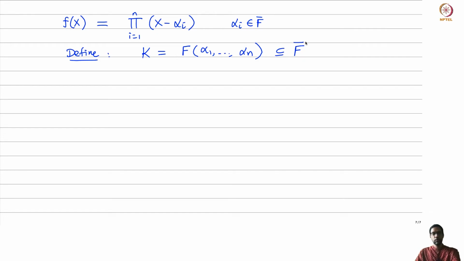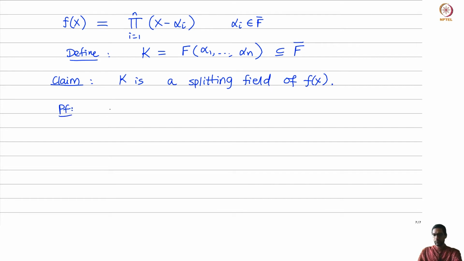Okay, so we have a candidate now which is inside the chosen algebraic closure, and now it's just a question of checking the properties. Claim: K is a splitting field of this polynomial f(x).